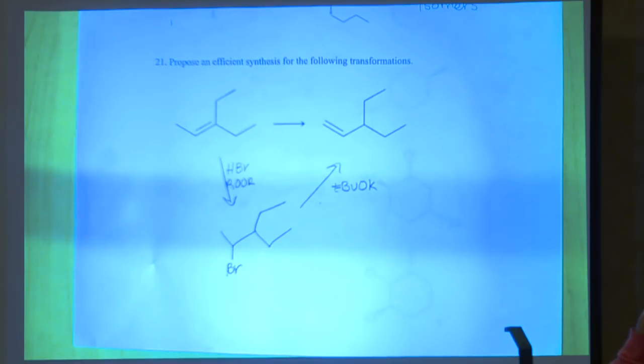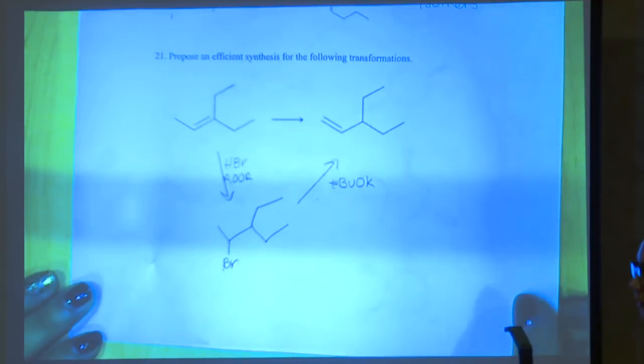Could we have used, wait, NaOEt? Oh, any elimination reaction? Could we have used NaOH? Why not? Awesome, because we want our Hofmann, so we need a strong, bulky base.